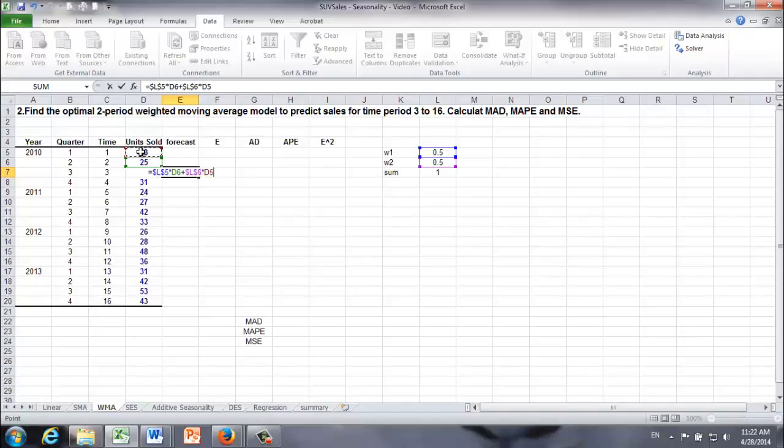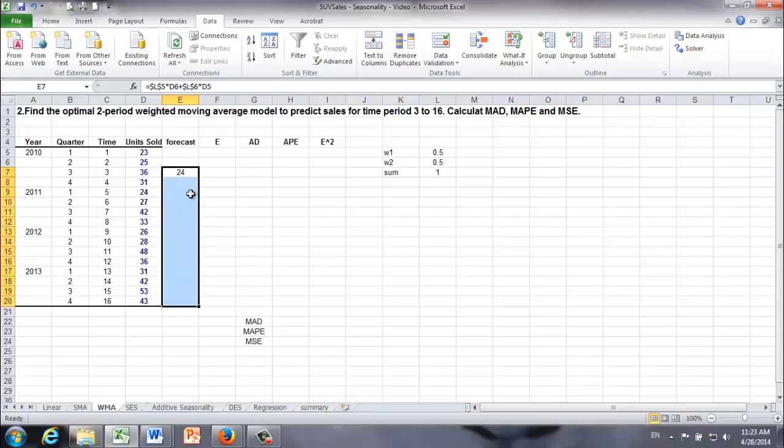What we're doing here is using the sales from the two most recent time periods to make a prediction for the current time period. Okay, so the forecast is 24 SUVs for time period 3, and we want to once again make sure those forecasts are integers.